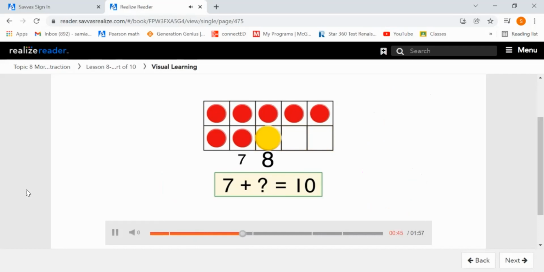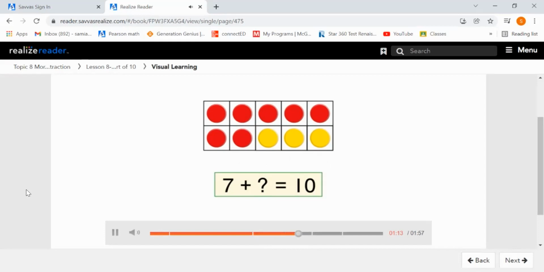7, 8, 9, 10. What has changed in the 10 frame? There are now 3 yellow counters in the 10 frame. There are now 3 yellow counters as well. The 10 frame is full, so there are 10 counters in all. How many red counters are there? How many yellow counters were needed to fill the 10 frame and make 10?